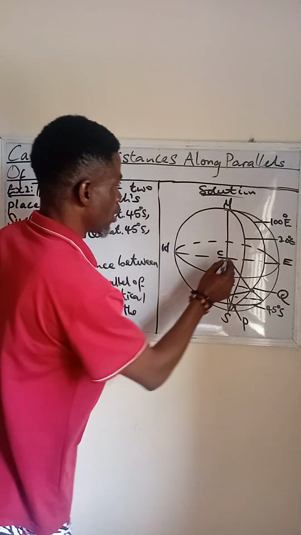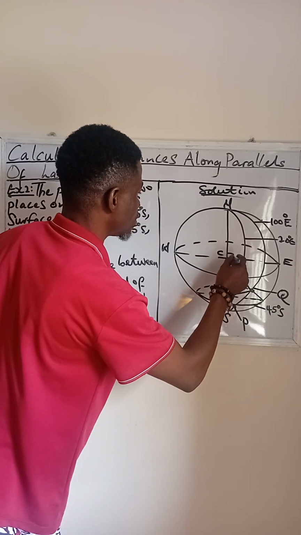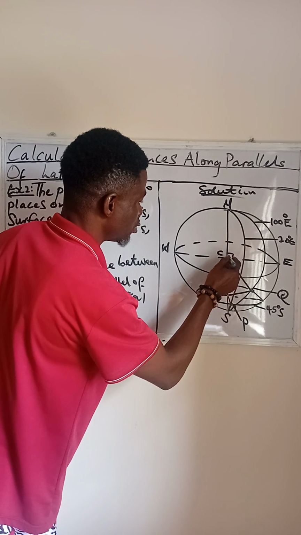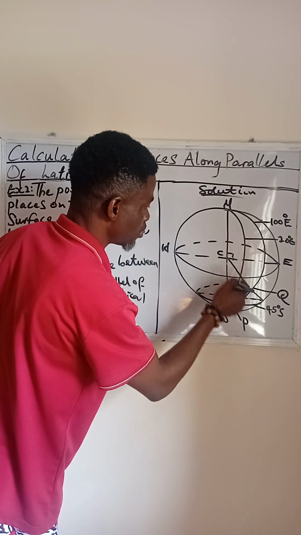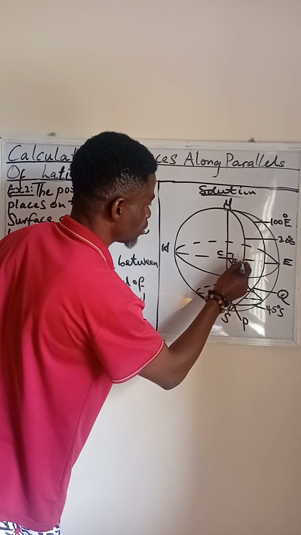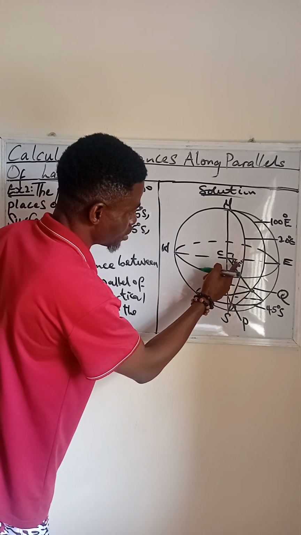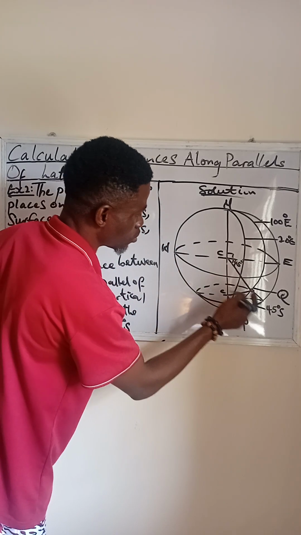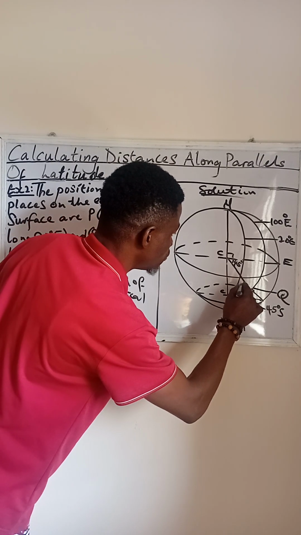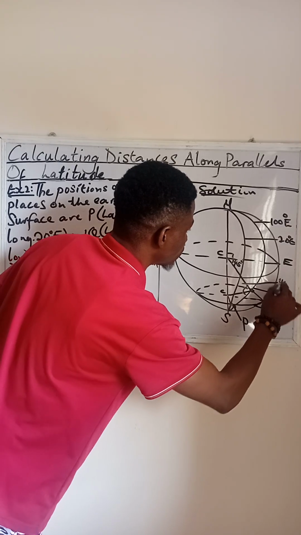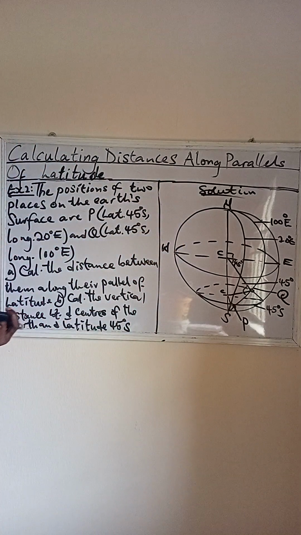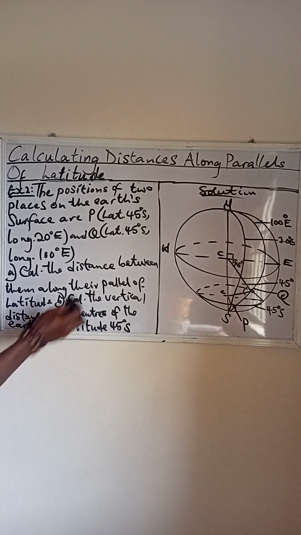This one now is going to be angle 90. So half of 90, we divide it into 2, here is going to be 45 degrees. And it's the same alternate angle to this one, which will give you 45 degrees.